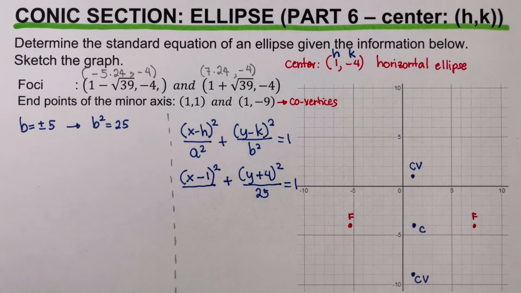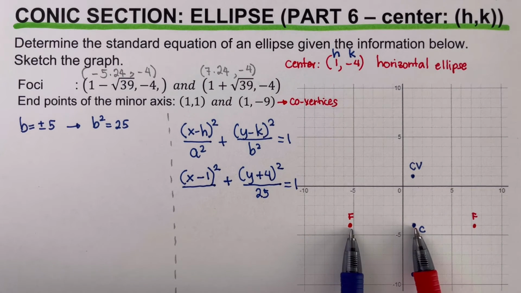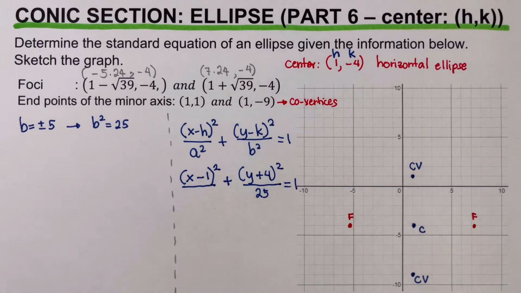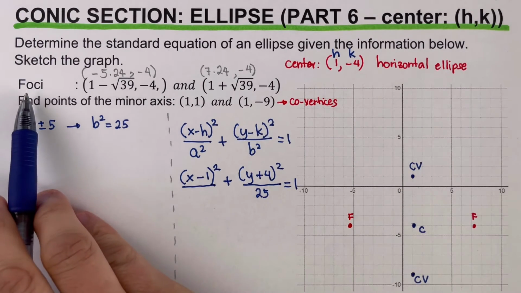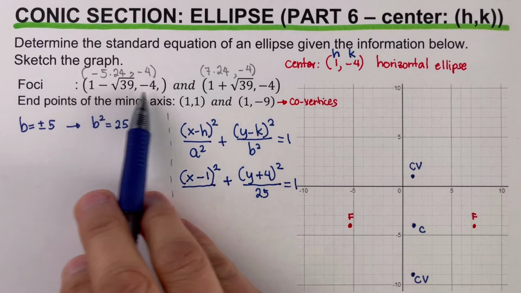Looking at this problem that we have here, we are given the c. Remember that the c is the distance from the center to one of the two foci. And we also remember that since we have a horizontal ellipse, we have here also the coordinates of the two foci.